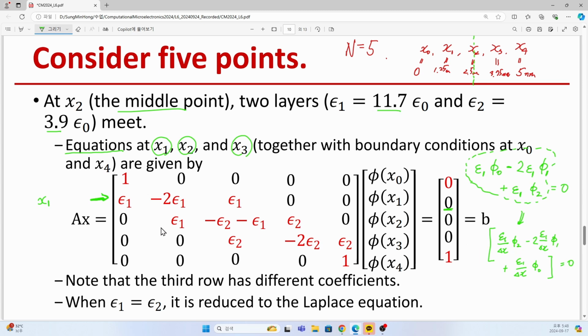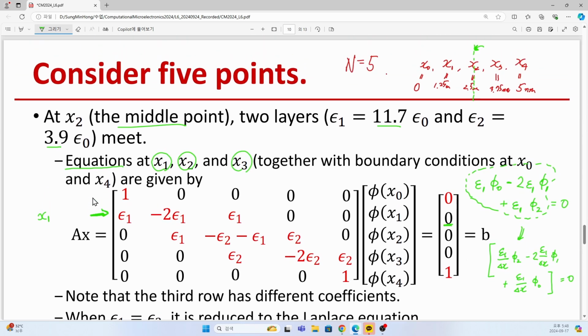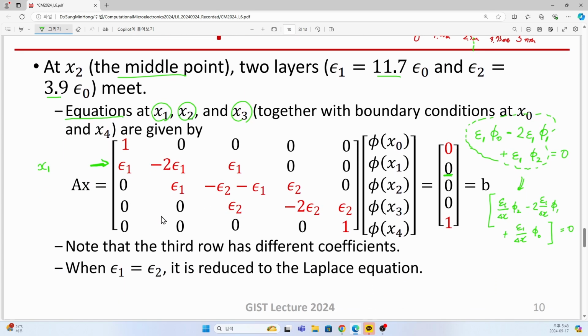So now you can understand this second row corresponds to the discretized version of our source-free Poisson equation, and please try to check this third row. Note that the third row has a different coefficient. Here we have epsilon 1 and epsilon 1, and here we have epsilon 2, epsilon 2, epsilon 2.